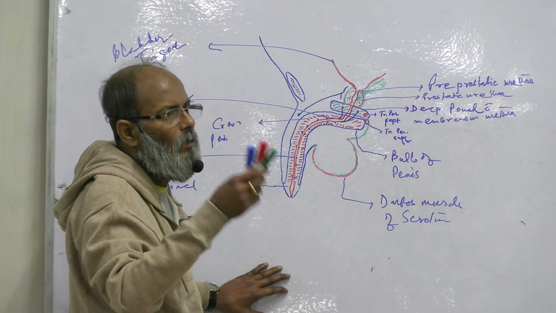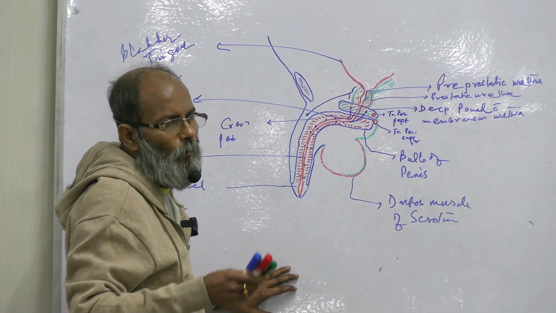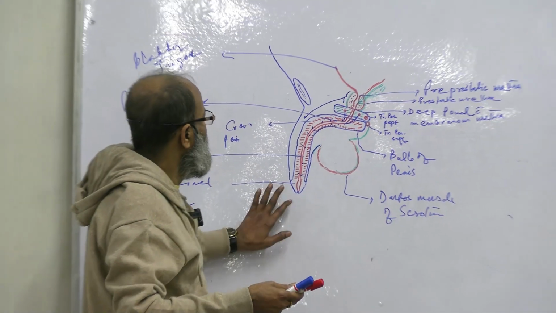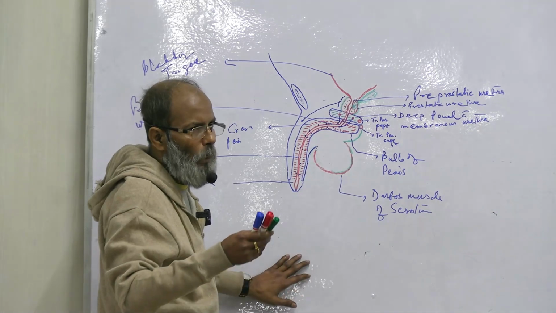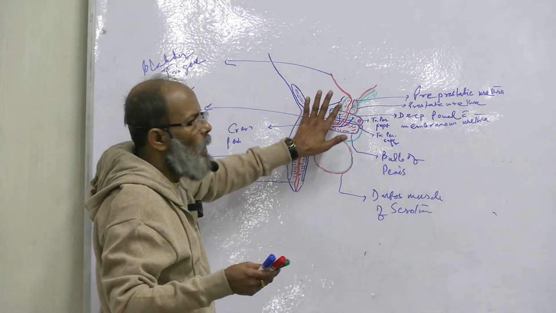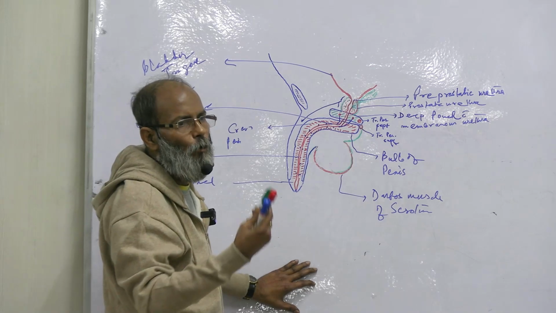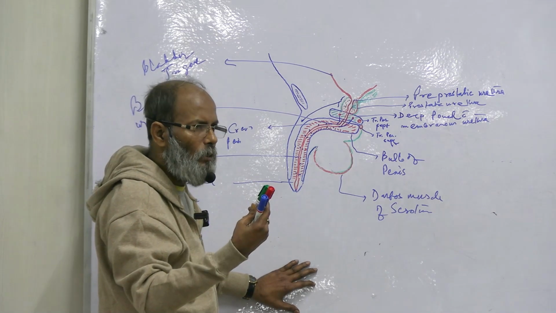When we pass the cystourethroscope, retrogradely passing the cystourethroscope, where should I stop? I will stop at the prostatic part of the urethra, where there is a colliculus seminalis, that is Verumontanum, or colliculus seminalis.